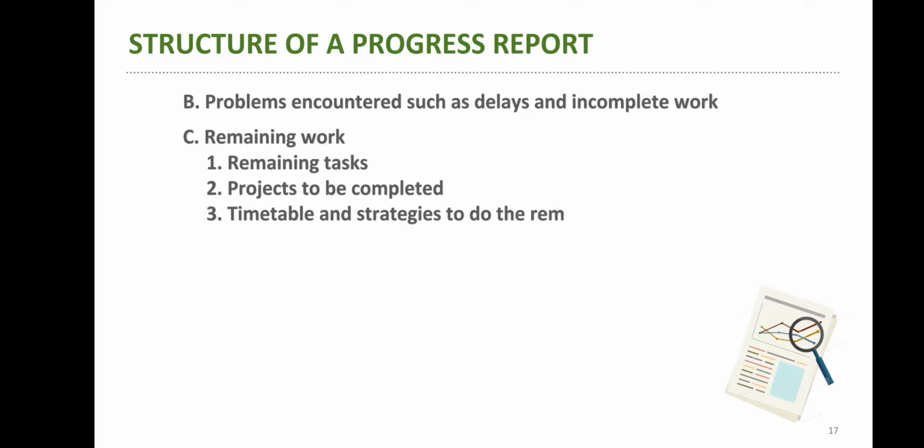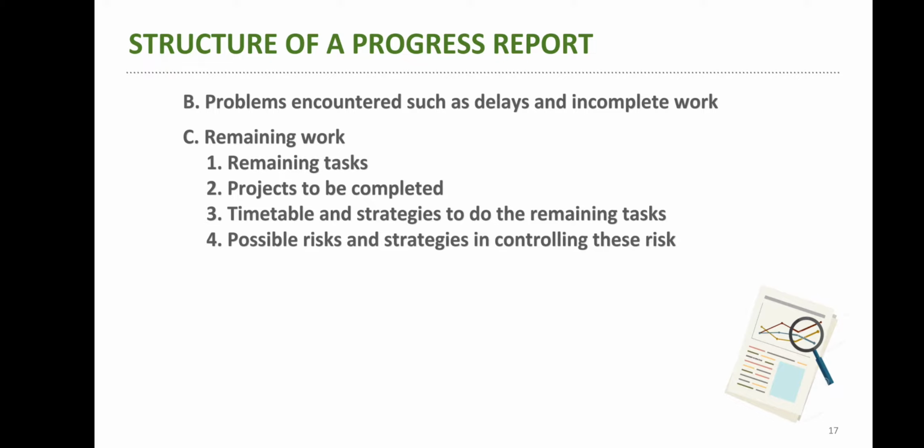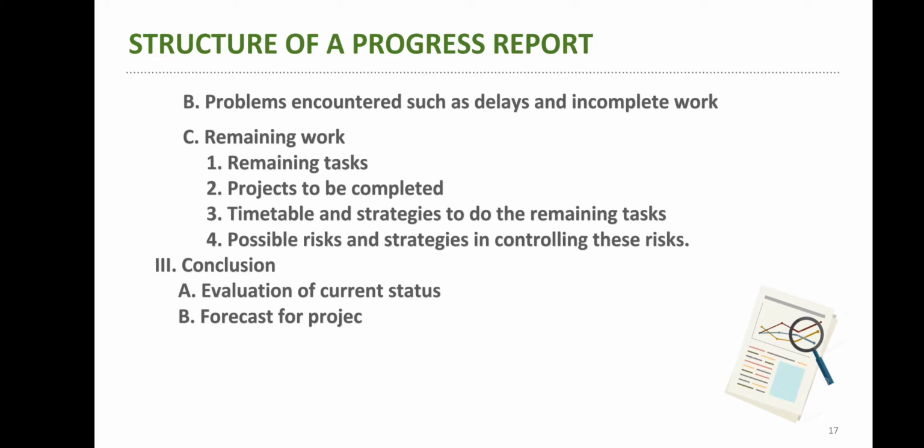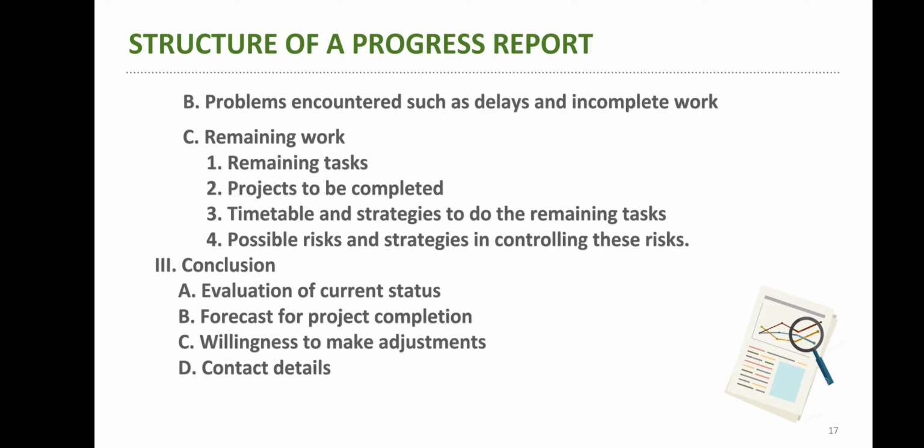So, for the remaining work, we include the remaining tasks, projects to be completed, timetable and strategies to do the remaining tasks. Then, we have the possible risks and strategies in controlling these risks. Okay, after the body, of course, we then have the conclusion, which includes evaluation of the current status.